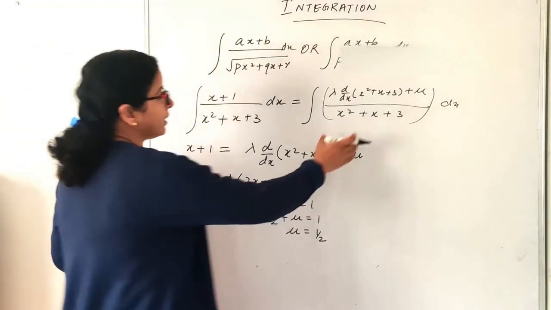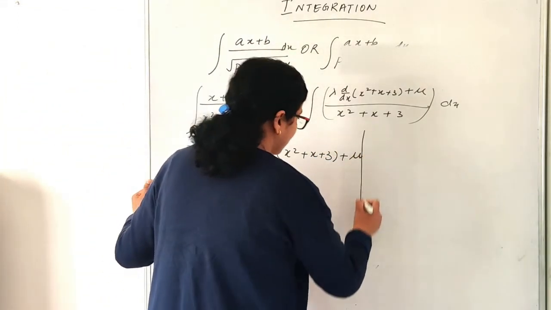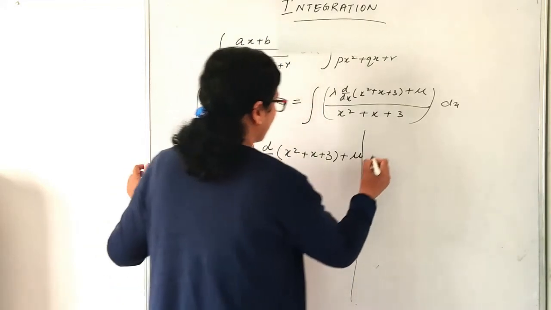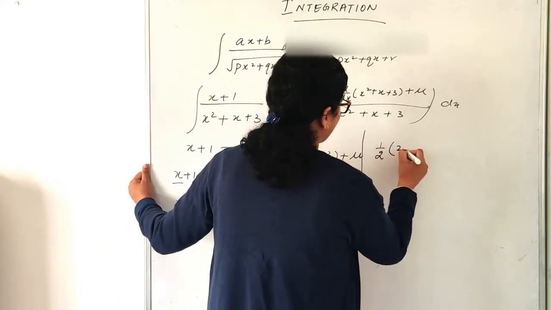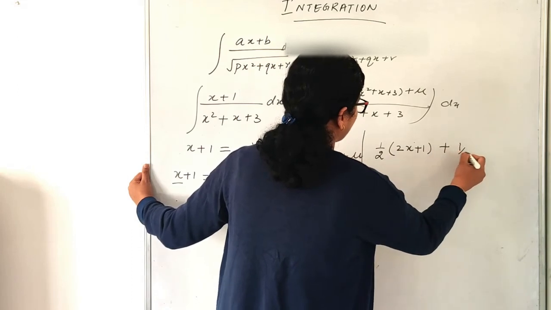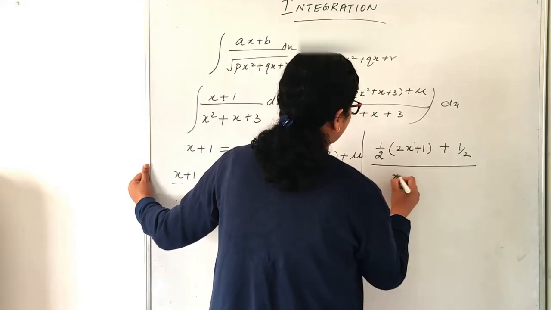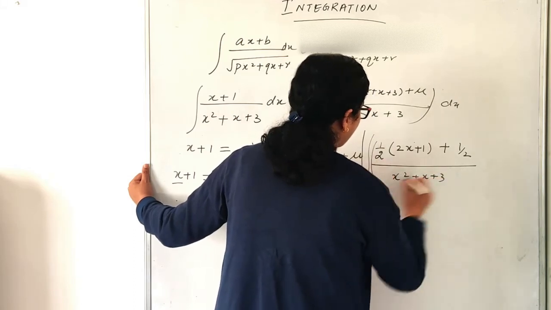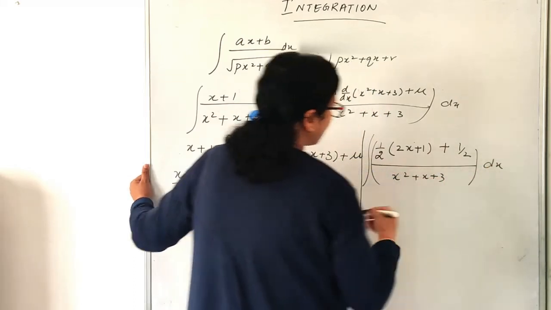Now I can rewrite my integral. What is the value of lambda? 1 by 2. And here I will write the derivative. What is the value of mu? 1 by 2, upon x square plus x plus 3, with the integration sign and dx. Now I can separate them.